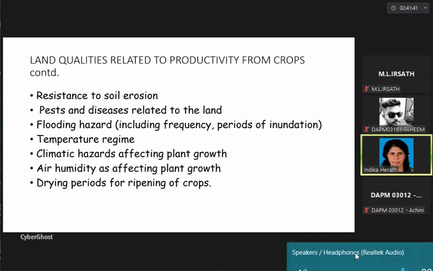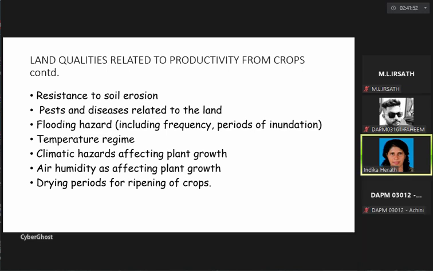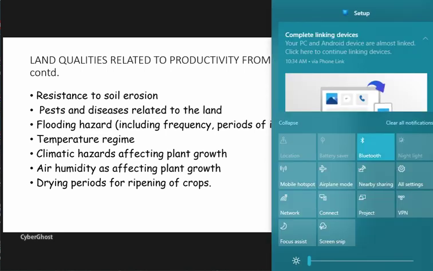The other one is the temperature regime. So what is the level of temperature in the area that this land belongs to, and then carefully look at how the temperature pattern has been changing over the past years.